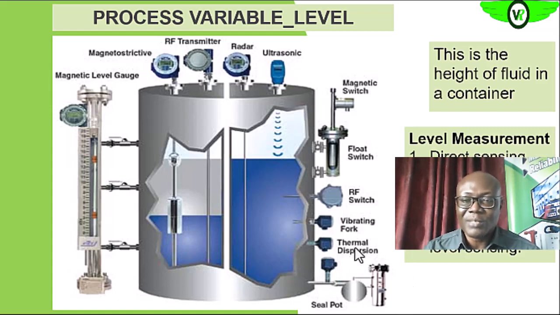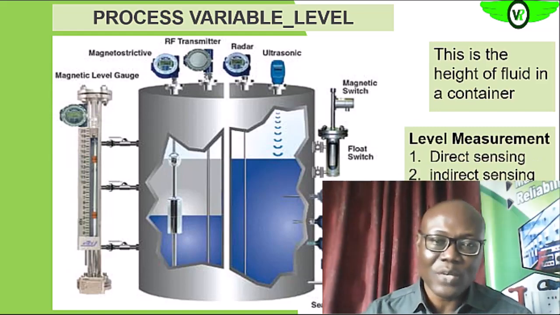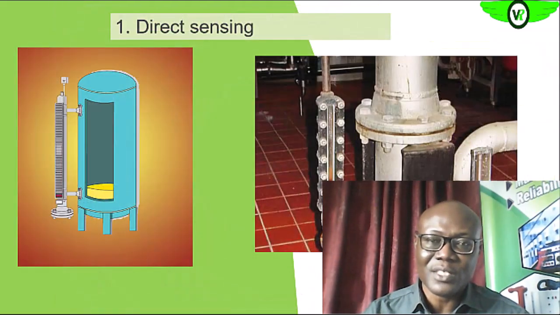All of these, the thermal, the vibrating tuning fork, the thermal dispersion, the float switch, which is also a manual or a direct sensing method, okay. All of these are different methods that we can use to sense the level of fluid in our vessel or in our process. So let us look at some of them in a little bit more detail now.